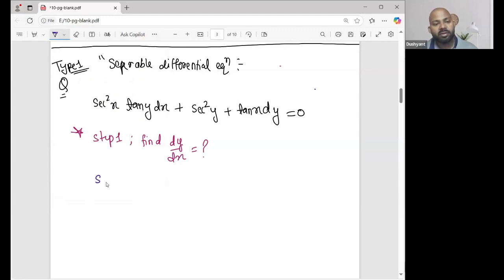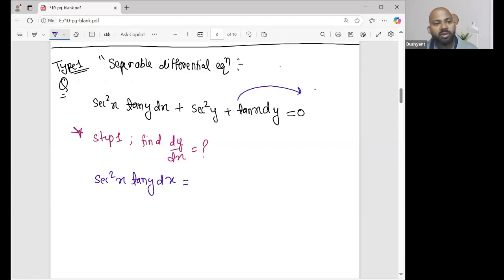So we will get sec square of x, tan y dx, plus sec square y, tan x dy equals 0. Shift this one to this side.